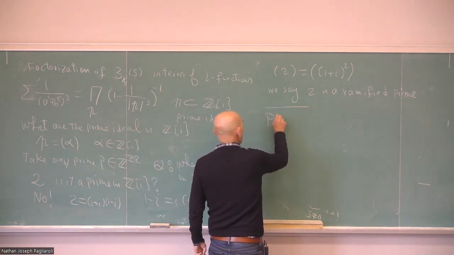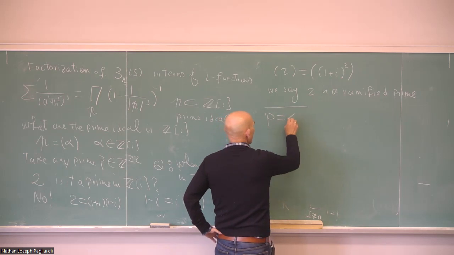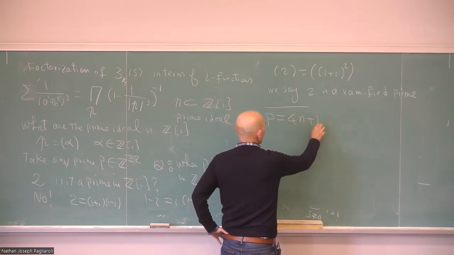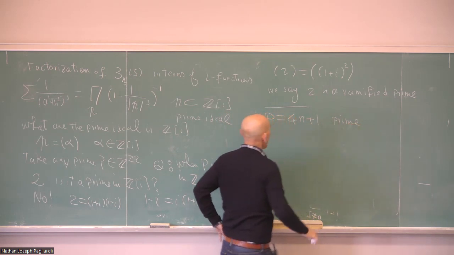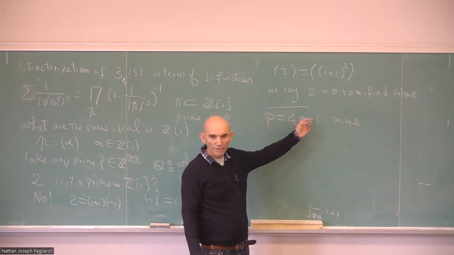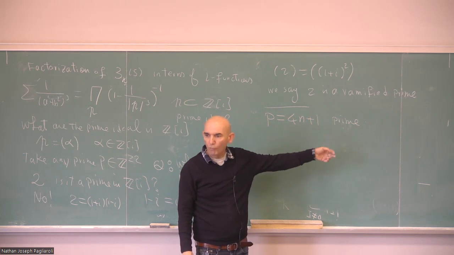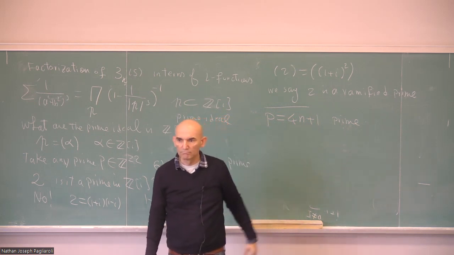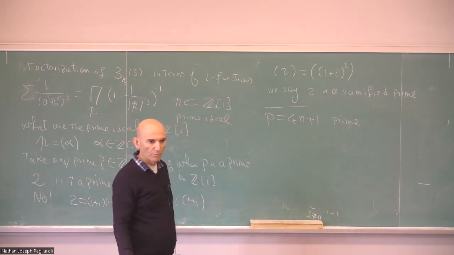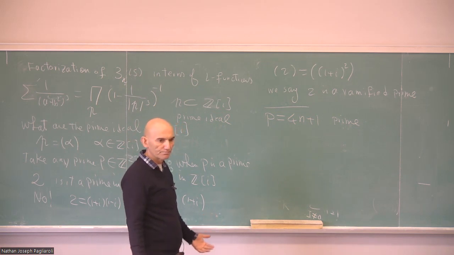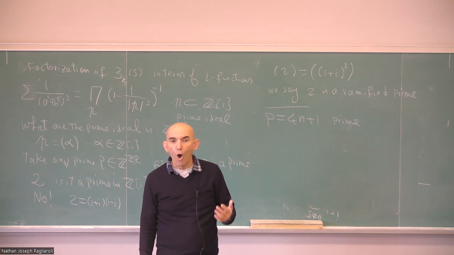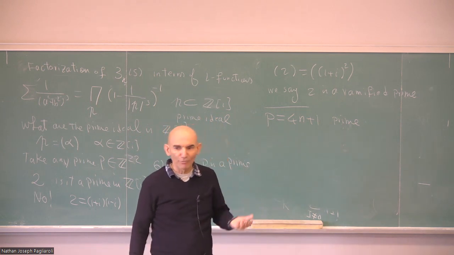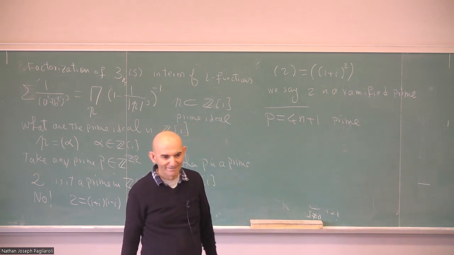Now, if you have a prime p equal to 4n plus 1. Then the other primes, I can write it either as 4n plus 1 or 4n plus 3. You can just write primes in that form. It's clear, right? All odd primes are either 4n plus 1 or 4n plus 3.